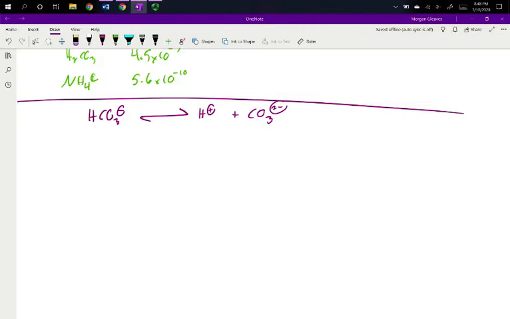So there's some space. Well, this actually has its own Ka. In fact, it's called Ka2 for the molecule. And for carbonic acid, that is 4.7 times 10 to the minus 11.